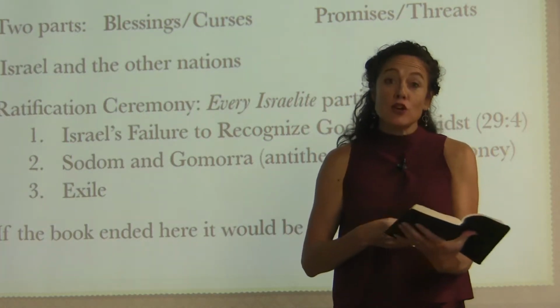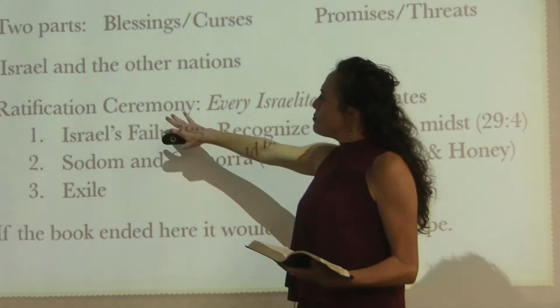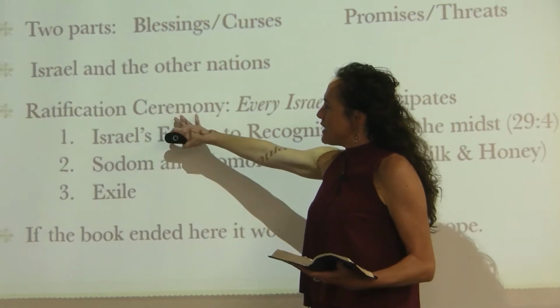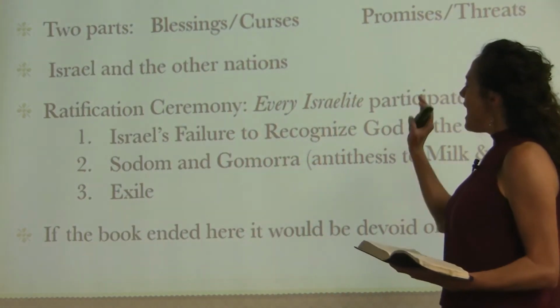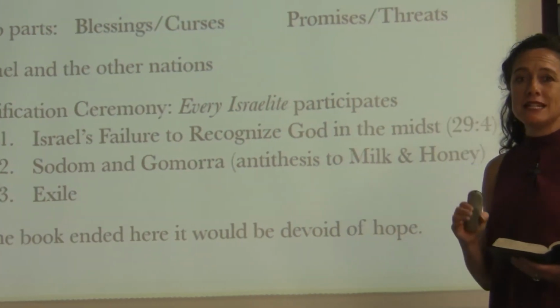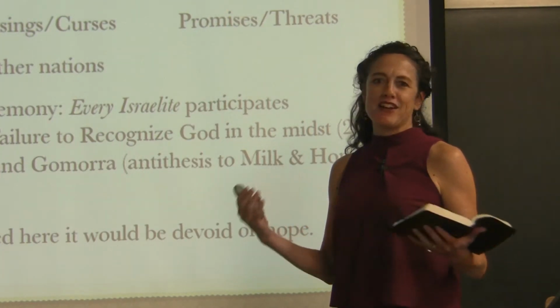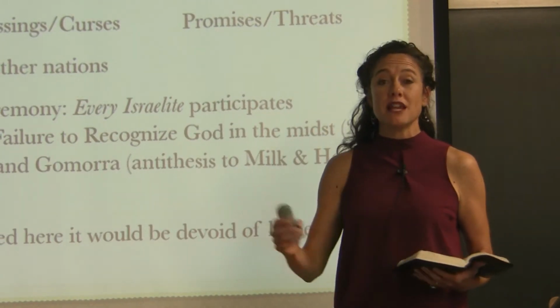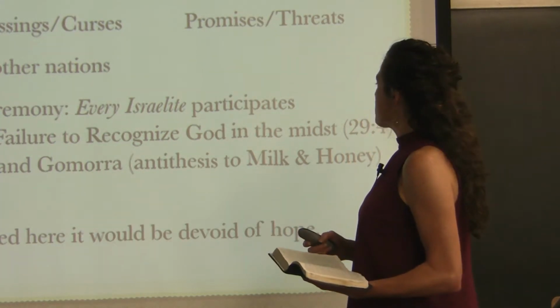As we get closer to chapter 29, now we have more information about this ratification ceremony that should happen. Every Israelite is supposed to participate in this. It's not just the men, it's not just the landowners, it's not just the wealthy, it's not a representative of the community, it's the whole entire community.